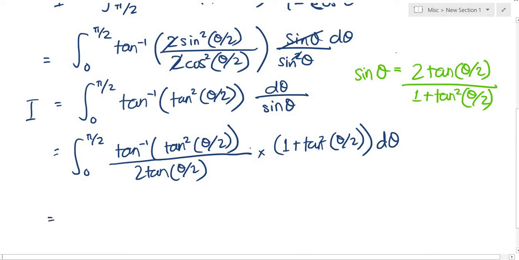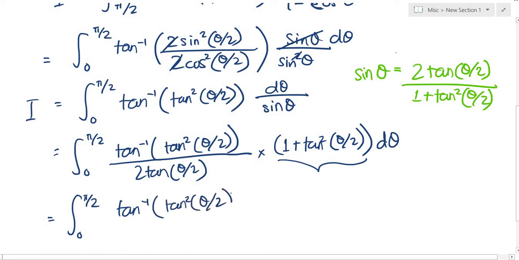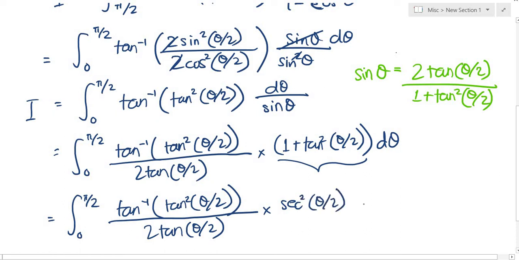Well, what's 1 plus tan squared theta by 2? That's right, a secant squared theta by 2. So we have the integral from 0 to pi over 2 of the inverse tangent of tan squared theta by 2 over 2 times tan of theta by 2, and then we have a secant squared theta by 2 and a d theta.